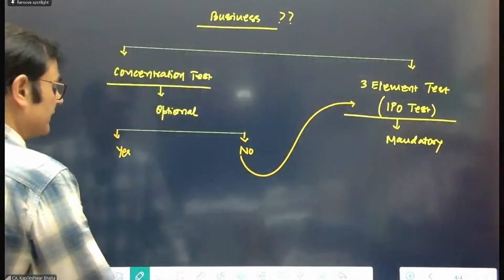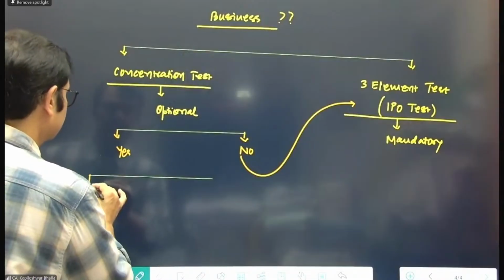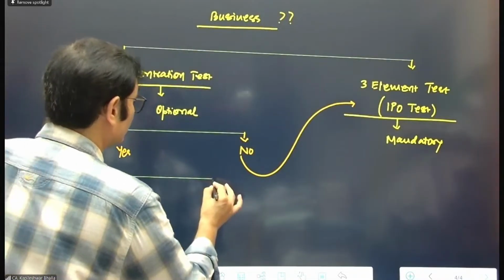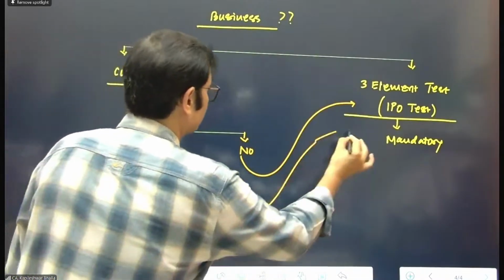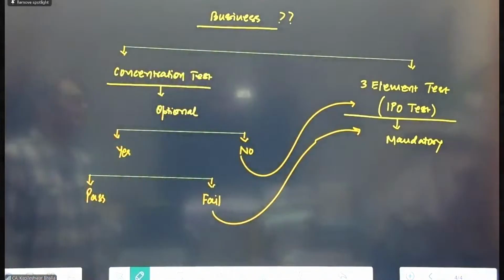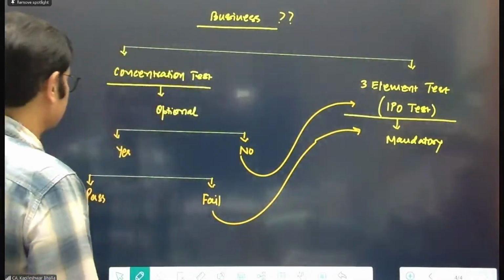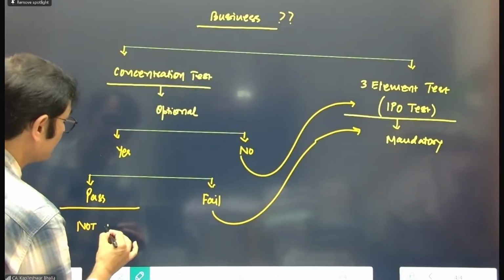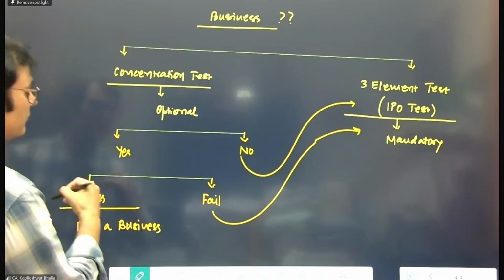But if the company says, yes, I am applying this test, and you pass this test, or you fail this particular test. If you fail this particular test, then again, the three-element test becomes mandatory in nature. And if you pass the concentration test, then we have decided that it is not a business.